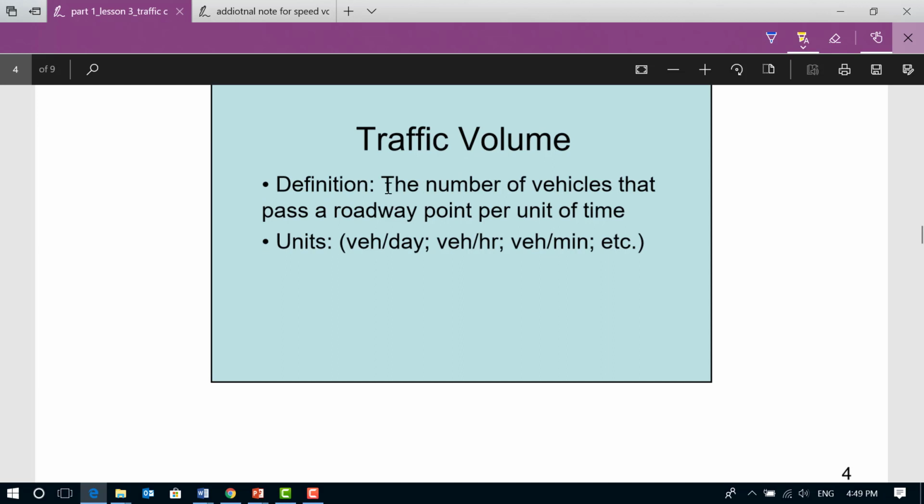Traffic volume is very similar to the drainage volume that you learned in the drainage class. Basically, it represents the number of vehicles that pass a roadway point per unit of time. Based on your unit time, it could be per day, per hour, or per minute. So the units are usually vehicles per day, vehicles per hour, or vehicles per minute.